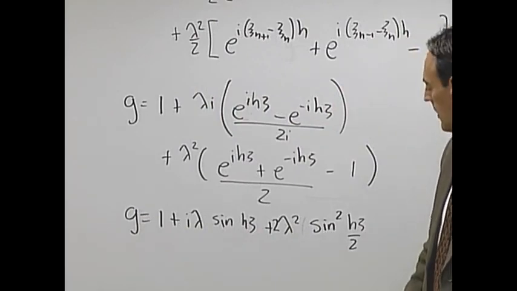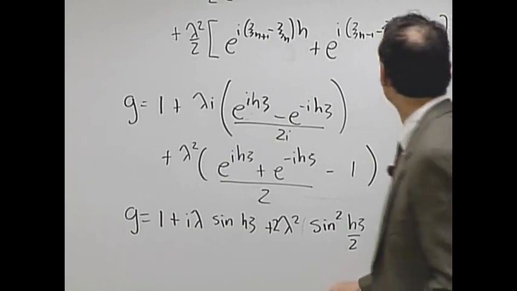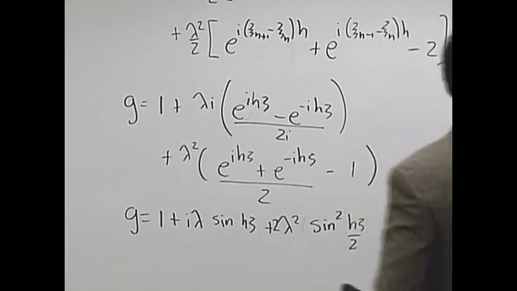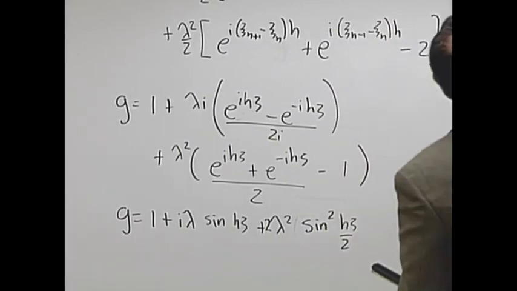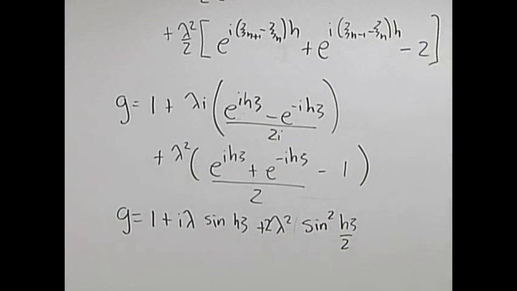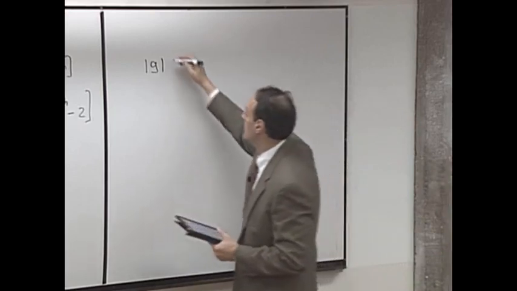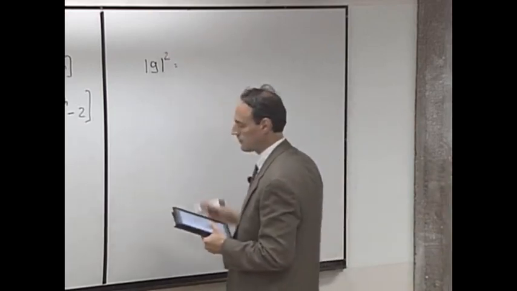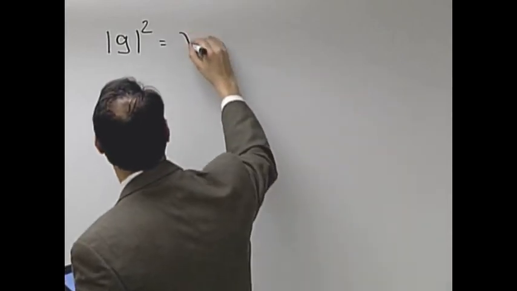A little bit more complex than before. Right? I mean, I got lambdas running around, and unlike previously, it's maybe not going to be so easy to see where this is bigger than 1 or less than 1. So let's go ahead and figure out the absolute value of that thing. This is the only quantity we care about. In fact, I'm going to write down the absolute value squared. You have a real and imaginary part there, and what you're going to get is the following.